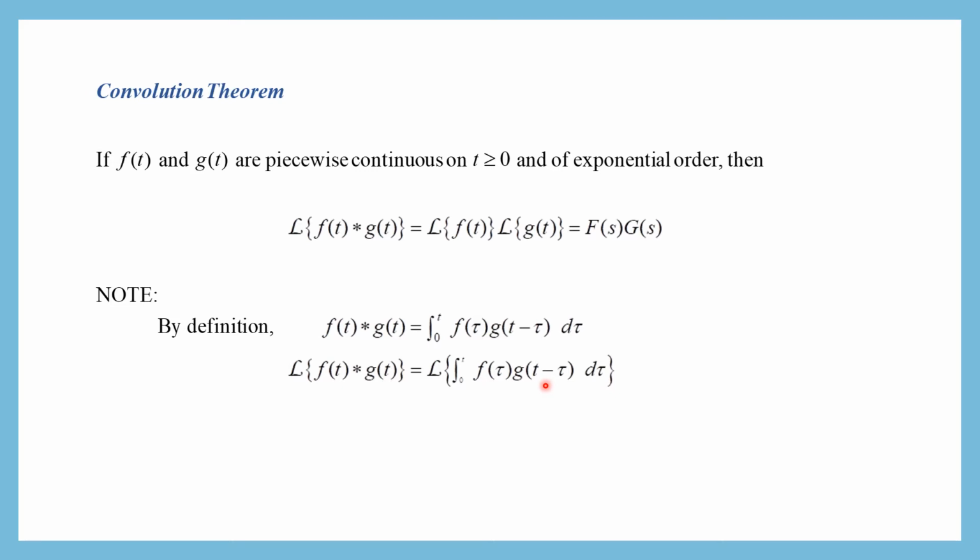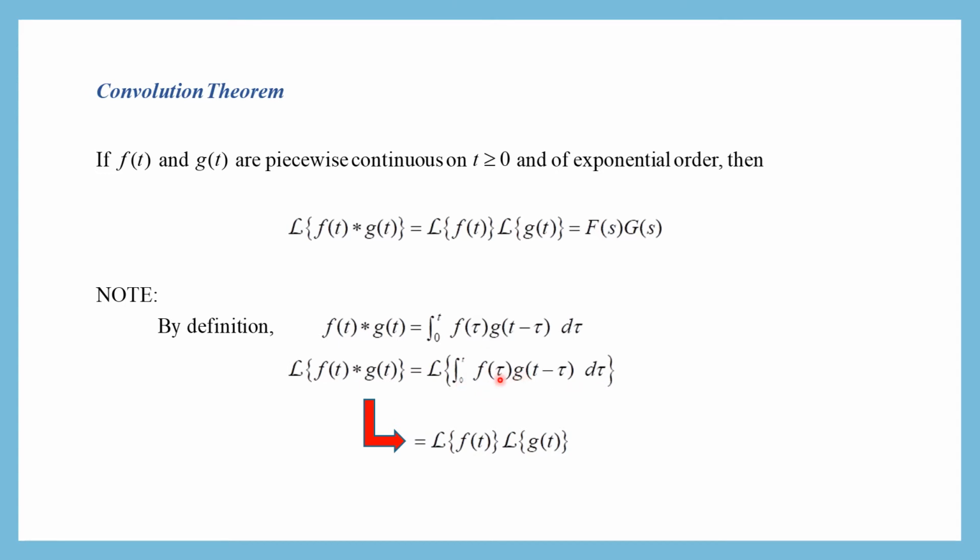So the convolution theorem says that we can skip this step. Instead, to find the Laplace transform of the convolution of f and g, we can simply get the Laplace transform of f(t) multiplied with the Laplace transform of g(t). Okay, so this is a shortcut way. We don't have to evaluate the Laplace transform of this integral.